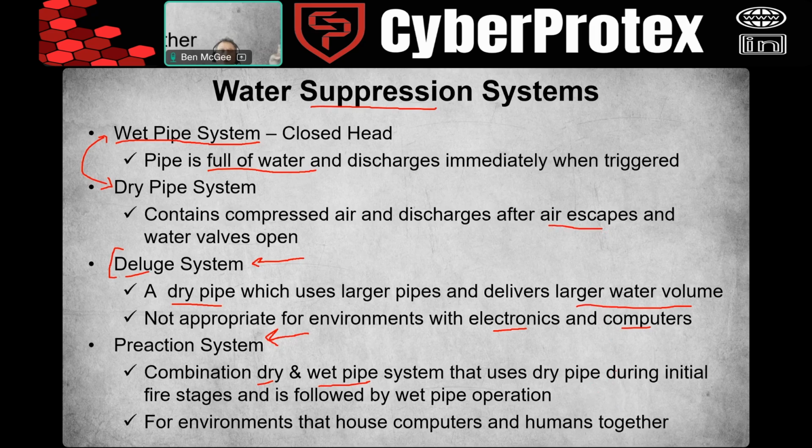It would discharge the compressed air and then immediately fill with the wet pipe and then continue to push it out. Usually this is used in places back where we typically work, and so sometimes you can see the pre-action system is usually one of the more common ones.